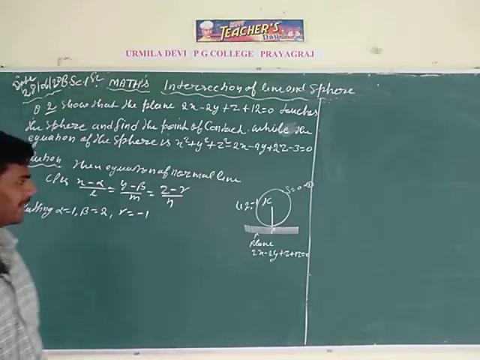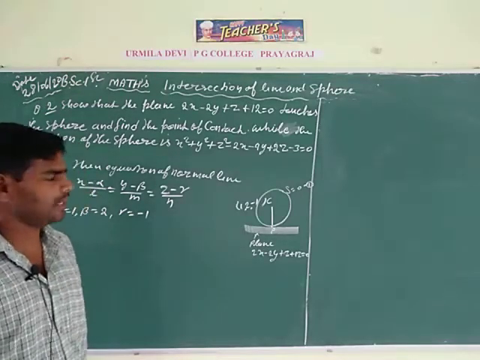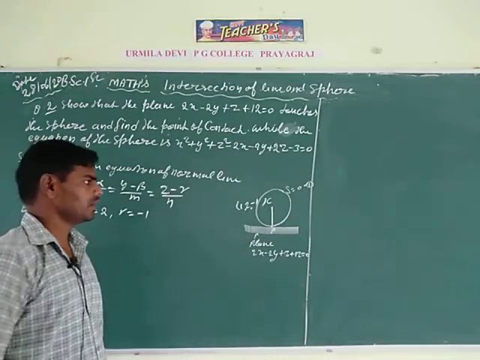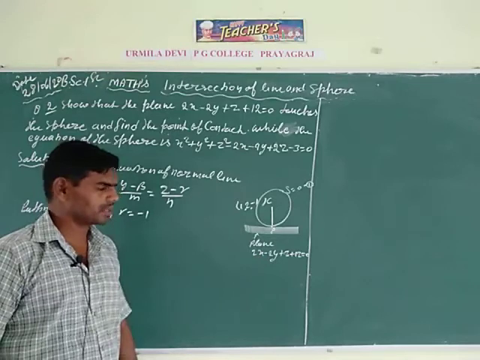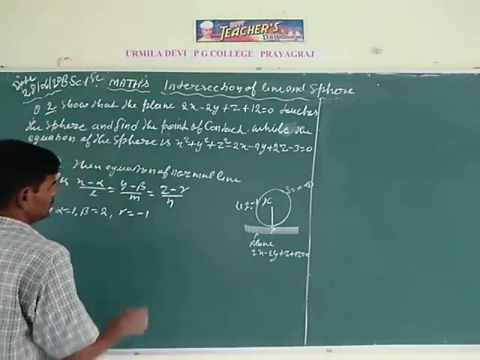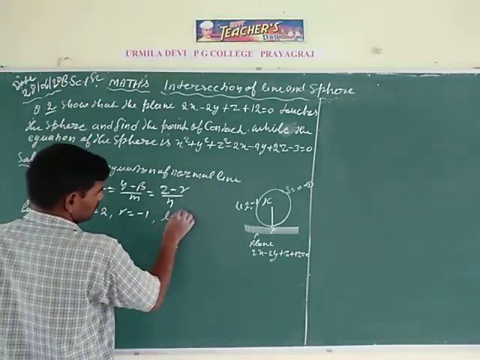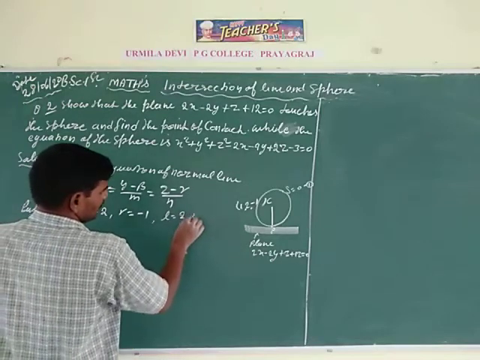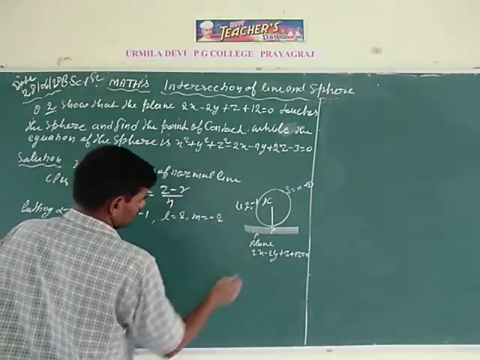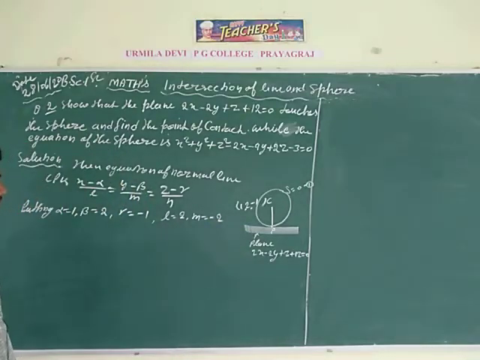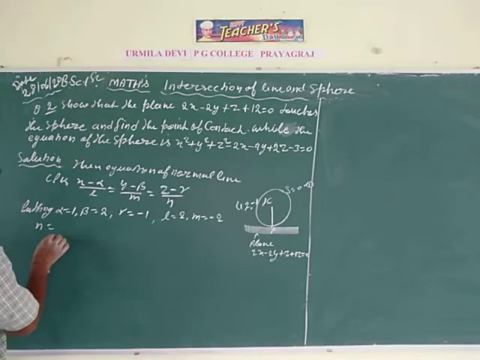l, m, n are the direction ratios of the required line, but the line is normal to the plane 2x minus 2y plus z. Therefore the direction ratios are l equal to the coefficient of x, which is 2, m equal to the coefficient of y, and at last n is equal to the coefficient of z, which is equal to 1.